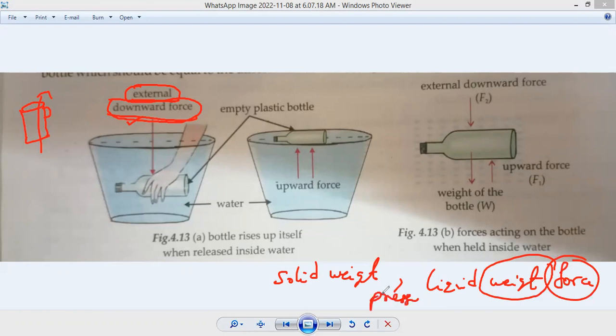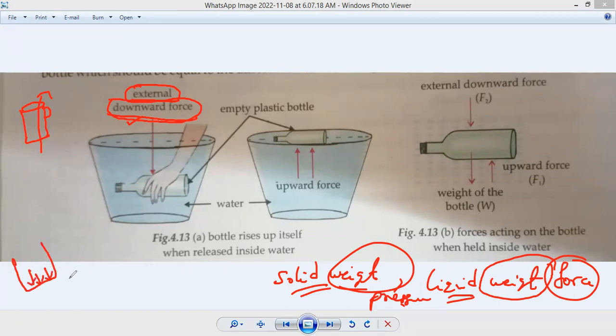Pressure is caused by solids, liquids or gases only because they have weight. The weight means the pressure. More weight, greater pressure. Less weight, less pressure. And I told you solids will exert pressure only on the bottom surface.